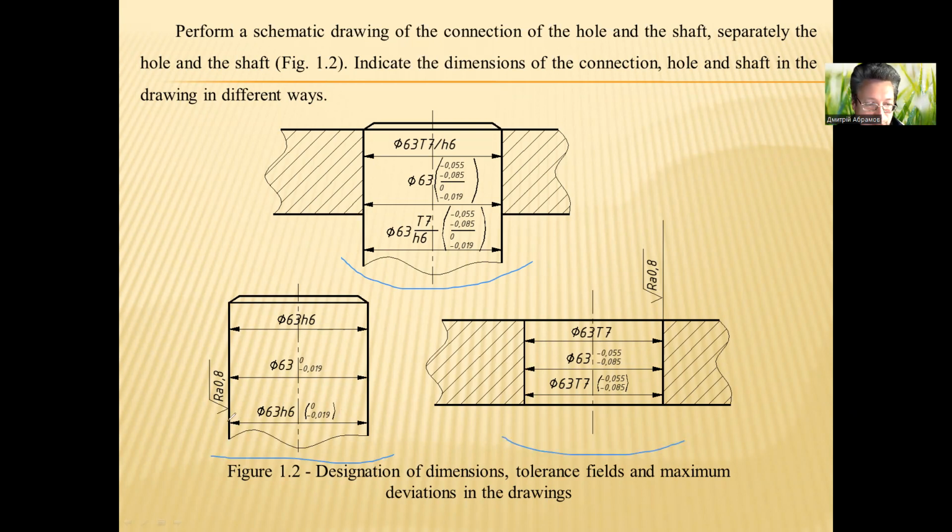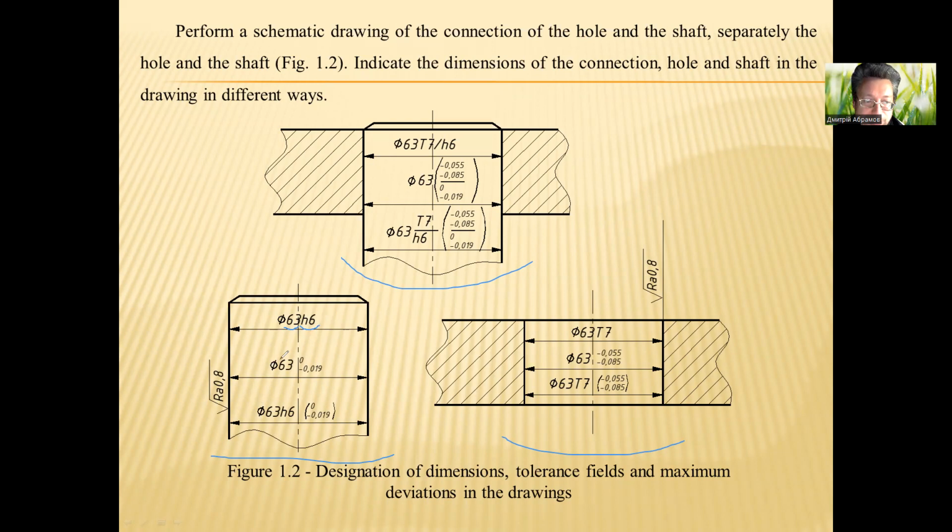On the drawing of the shaft, we can see three variants of dimensions. We have nominal diameter 63 and tolerance field H6. H is the fundamental deviation of the shaft, 6 is the IT grade of the tolerance field of the shaft.